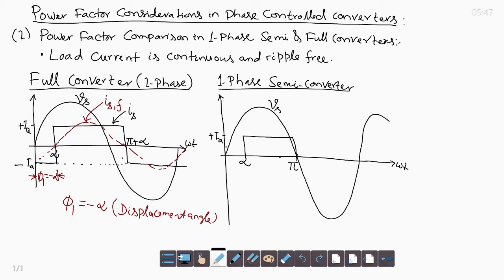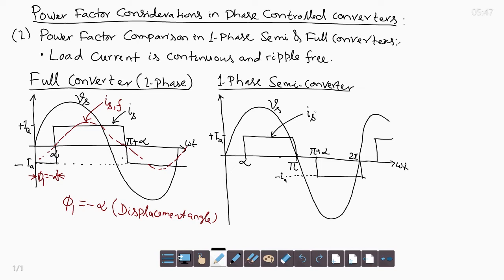Then after pi there is freewheeling action, so supply current is 0. Then from pi plus alpha to 2 pi, supply current is minus Ia. So this is the supply current waveform in the single phase semi converter.